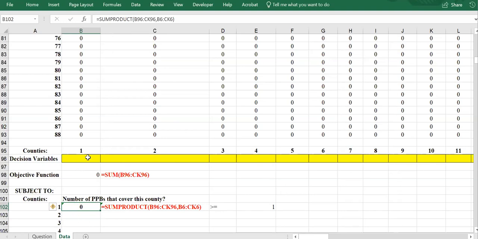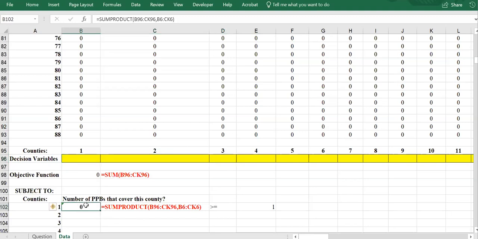If you put one PPB in county one, and one in county two, there are two PPBs that make this county eligible for operation. If you put another PPB in county three, it's not going to affect this number, because county three is not its neighbor. I'm just trying to show you how this function works. So let me just get rid of all these numbers.